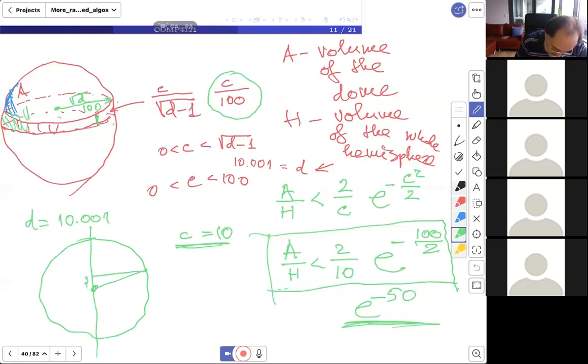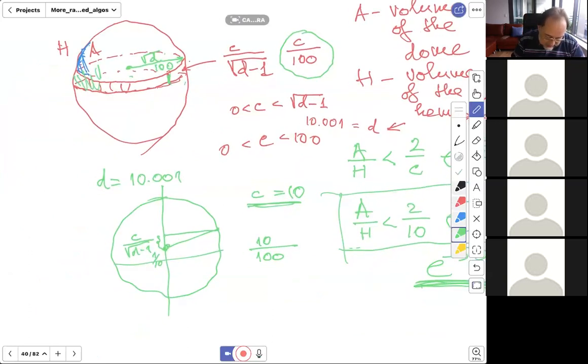This is C over square root of D minus 1, which is 10 divided by 100, so this is 1/10. And if it's 1/10, the mass that is outside of these two parallel slices is smaller than this, which is just a ridiculously small number.